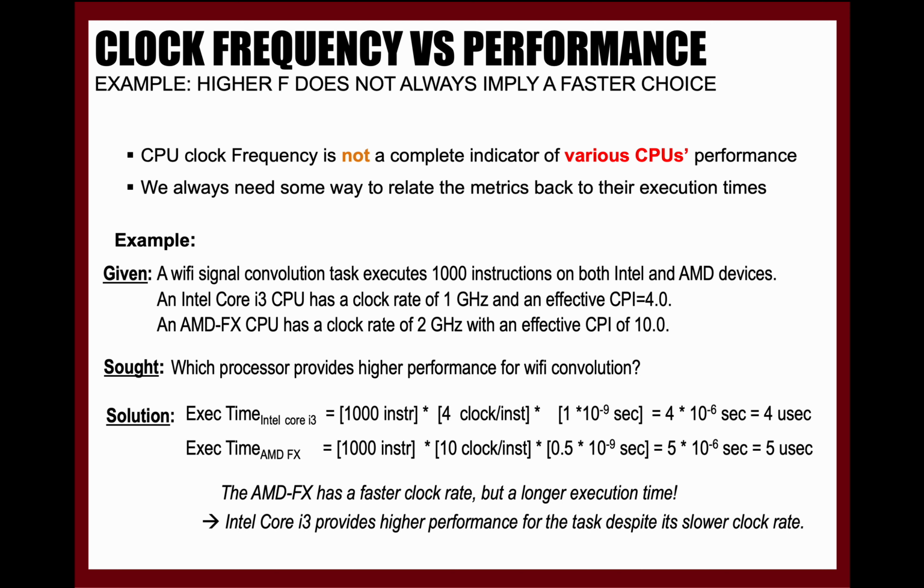In conclusion, while clock frequency is an essential aspect of CPU performance, it's not the sole determinant of CPU performance. Always consider multiple metrics including CPI and architecture efficiency to get a holistic view of the processor's performance.